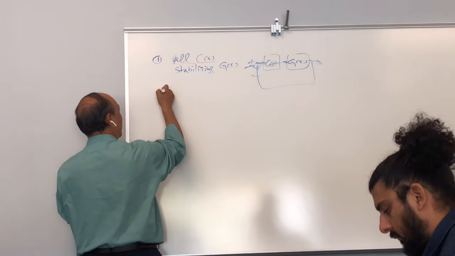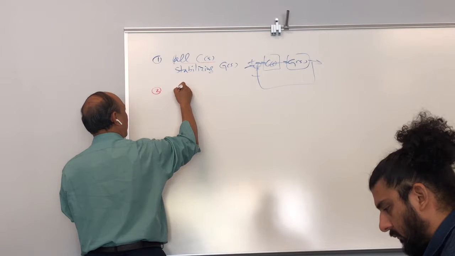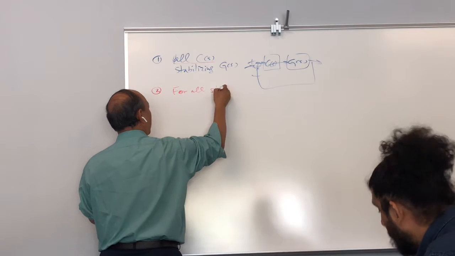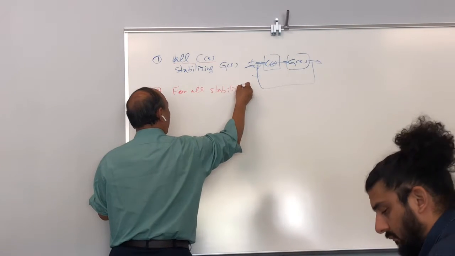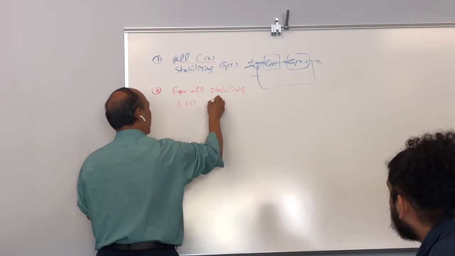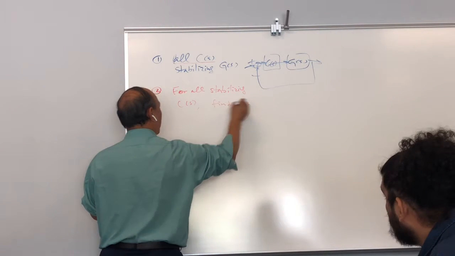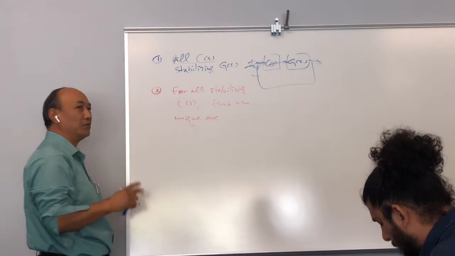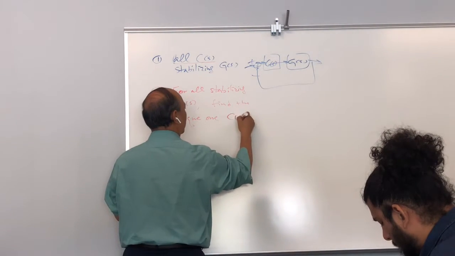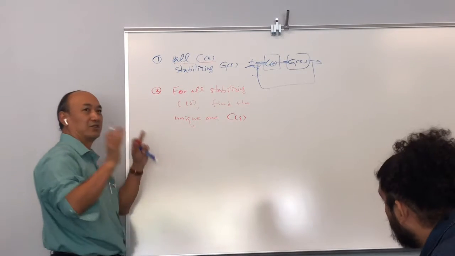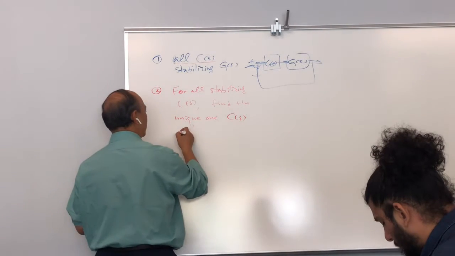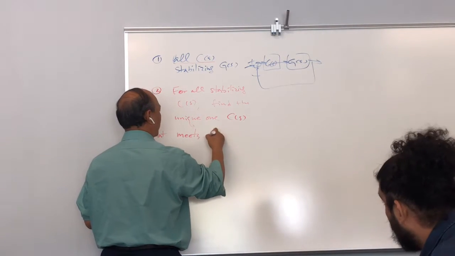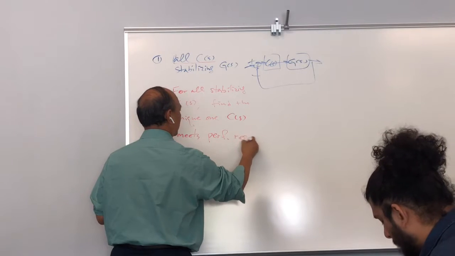The second step is, for all stabilizing C of S, find the unique one that satisfies the certain performance, that meets the performance requirements.